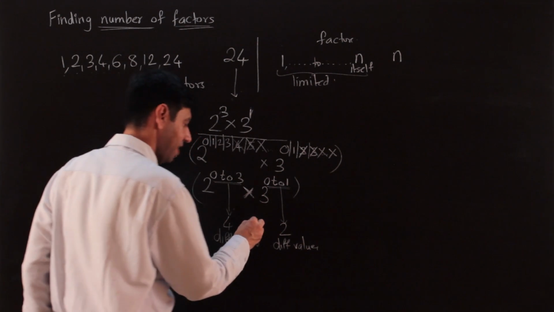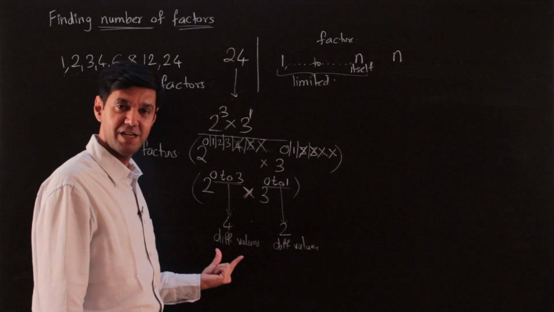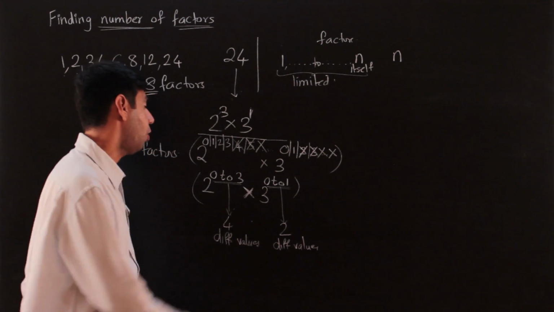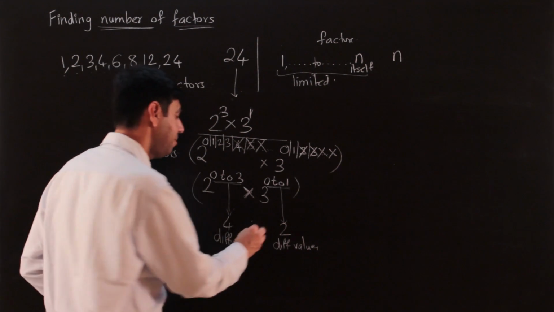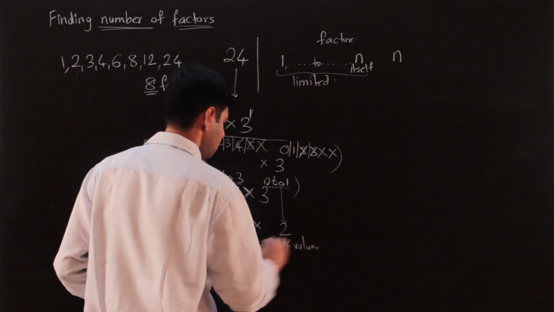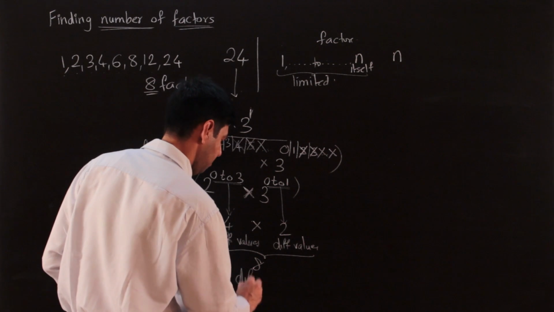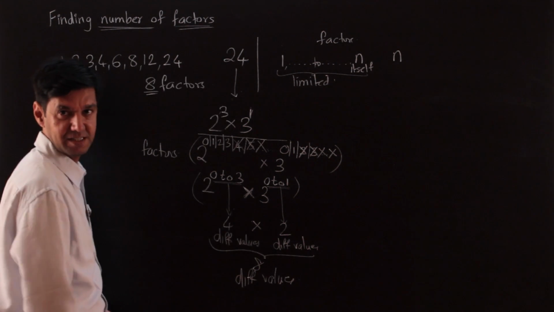Since we multiply together, if you're okay with PNC logic, an event can happen in 4 different ways, an event can happen in 2 different ways. In how many ways can both the event A and B happen is m into n. So I would be getting 4 into 2, that is 8 different values for the factors.